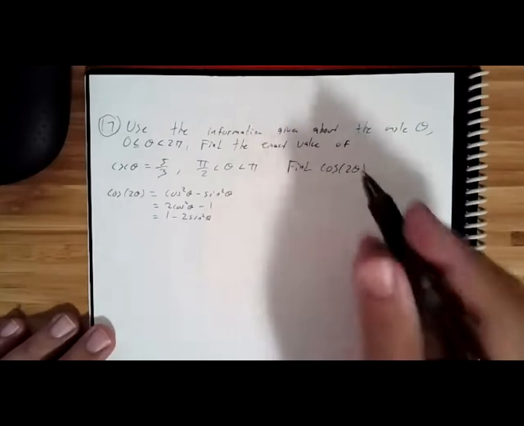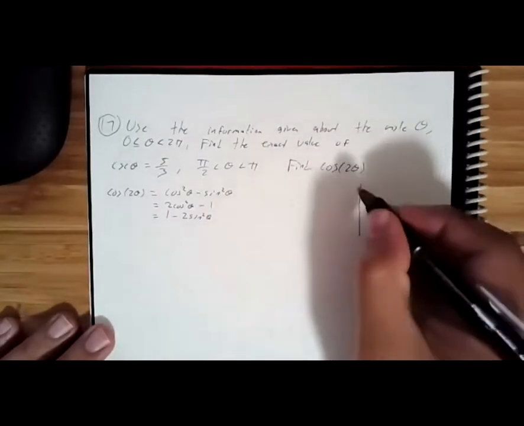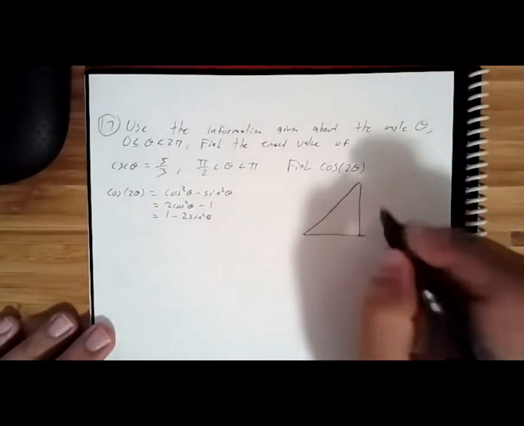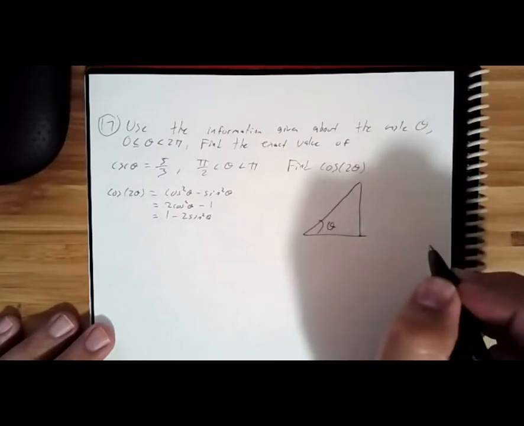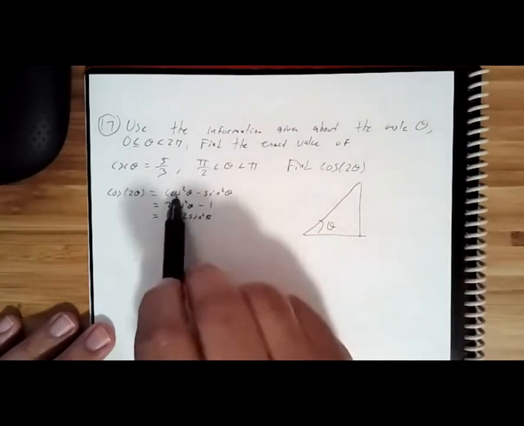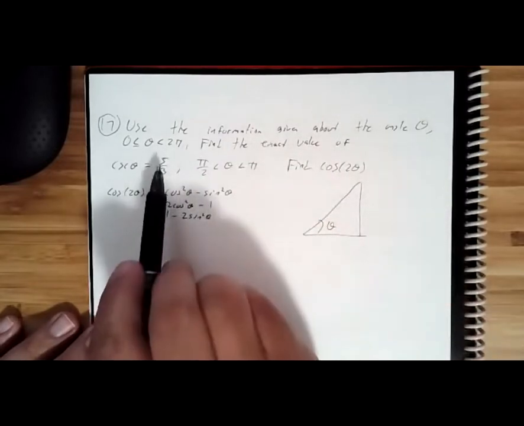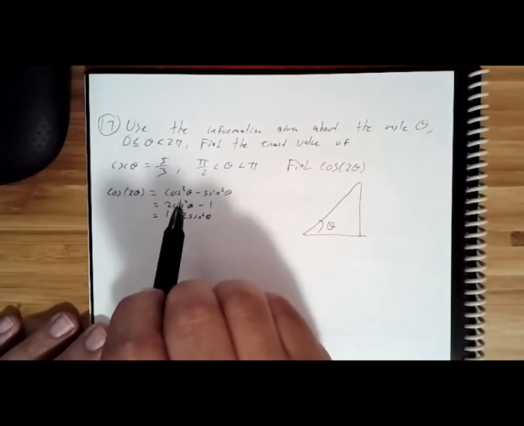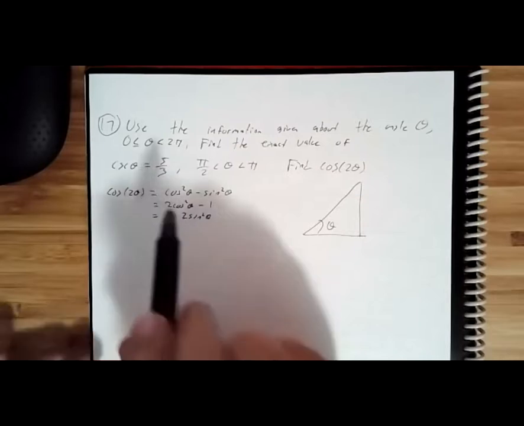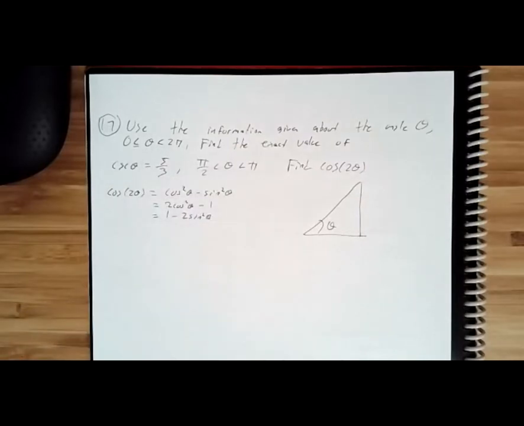So we need to use the triangle to be able to find cosine and sine, right? What is the definition of cosecant in terms of a triangle?